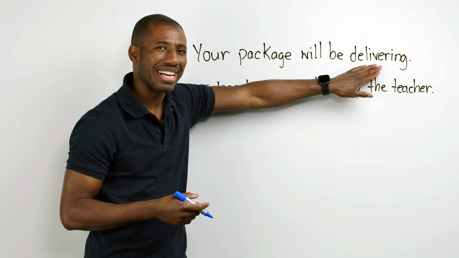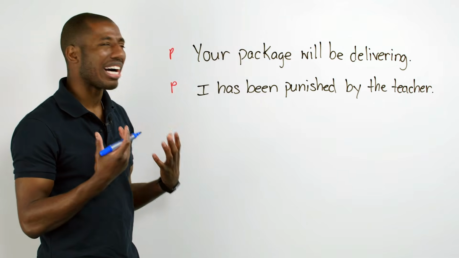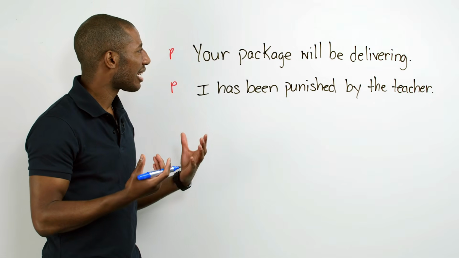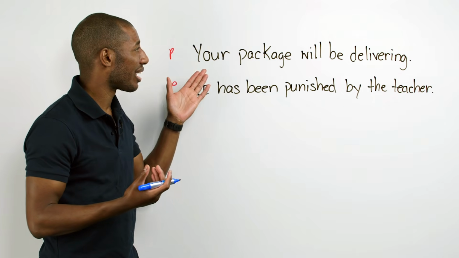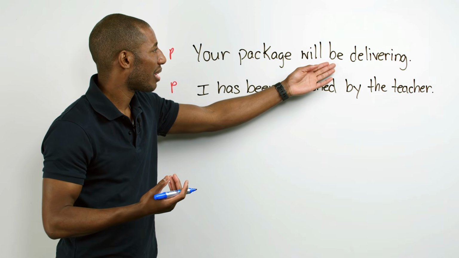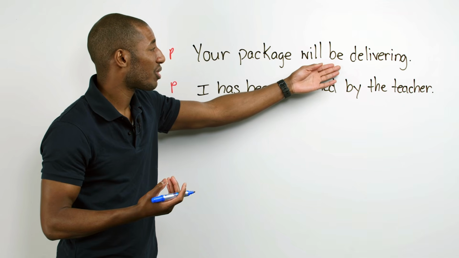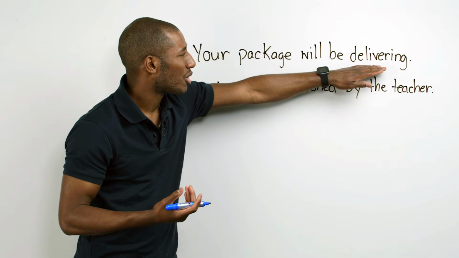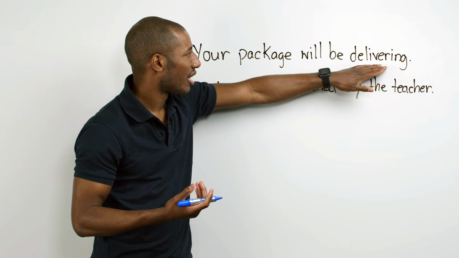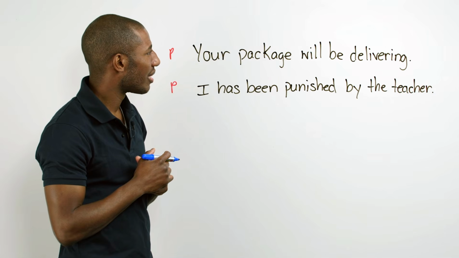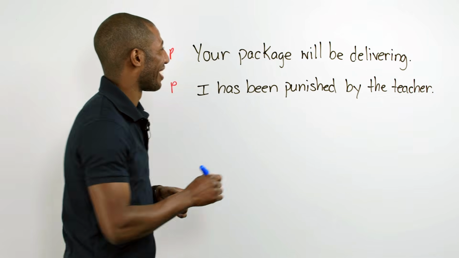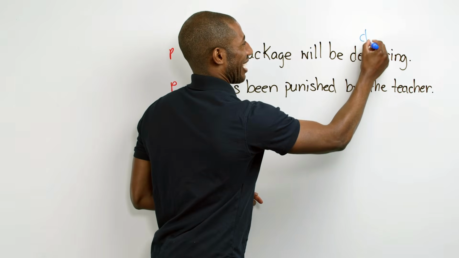It's delivering, that one seems a little bit odd. I know it's written in the passive voice, and I have a to be verb, and this is future tense. This past participle is wrong. So I know the verb is delivered.